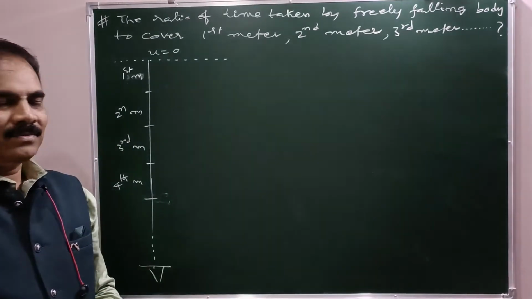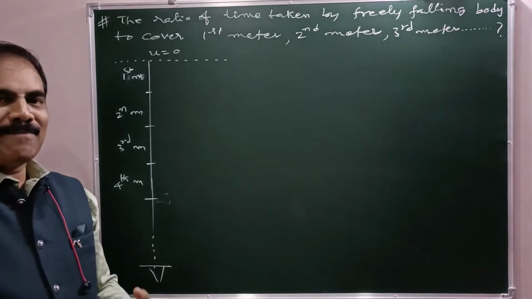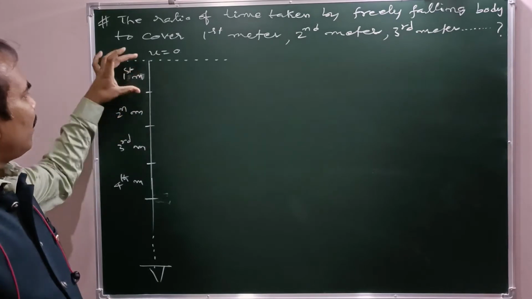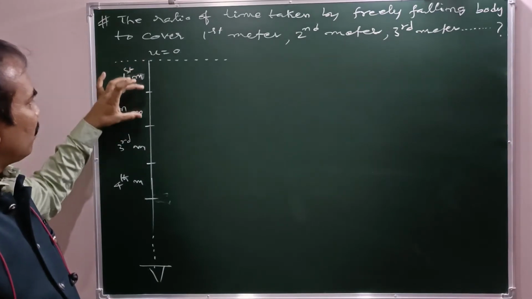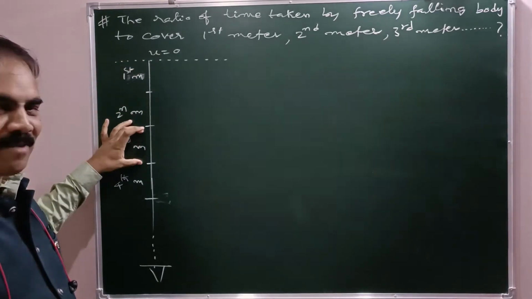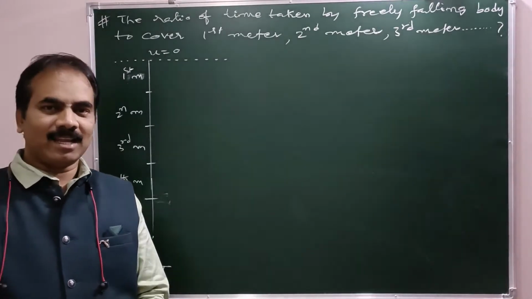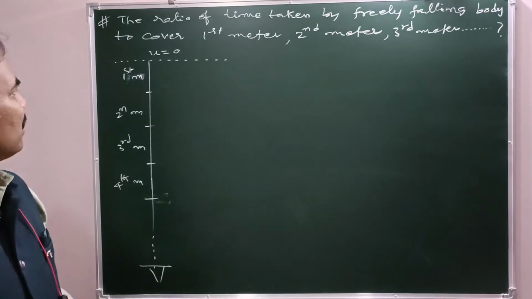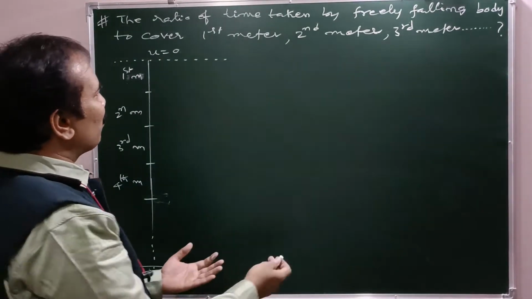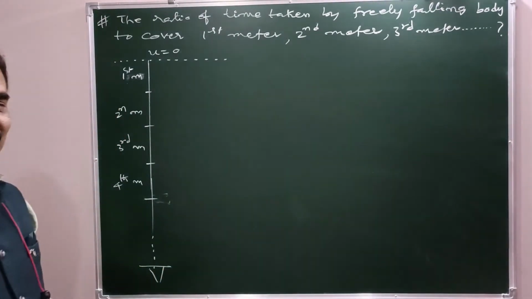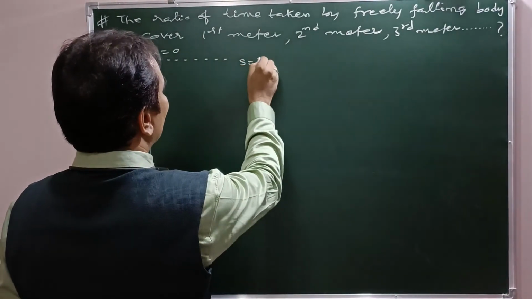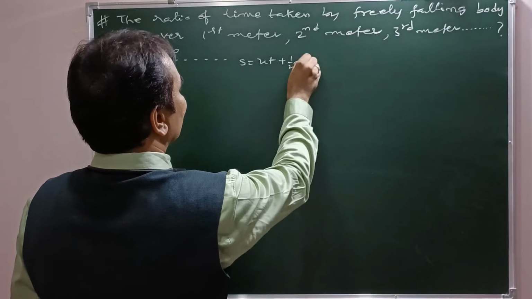Now we need to find the ratio of time taken to cover the respective meters. To cover the first meter, the second meter, the third meter, etc. That is the given question, right? Now we know that in the case of a freely falling body, S equal to ut plus half at square.